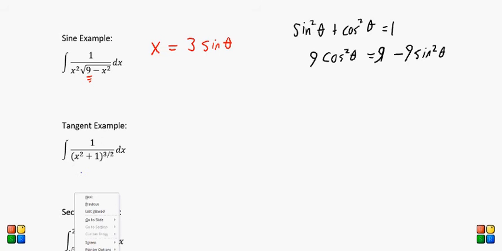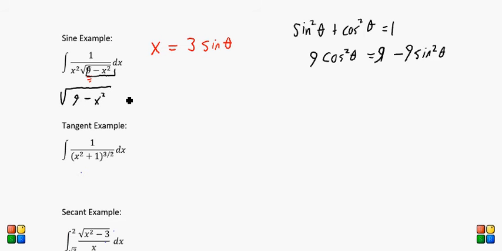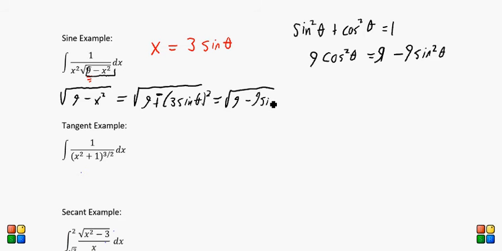What this substitution then does for us is turn the thing under the square root, 9 minus x squared, into a perfect square. If I replace x with what x is equal to here, I'll get the square root of 9 minus 9 sine squared theta. Exactly what we have up here.